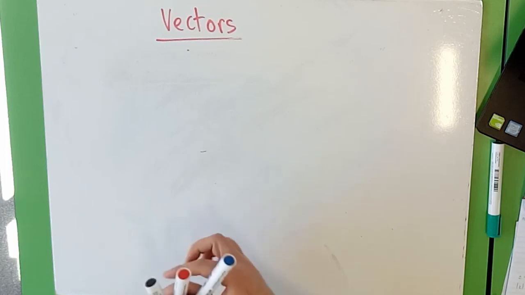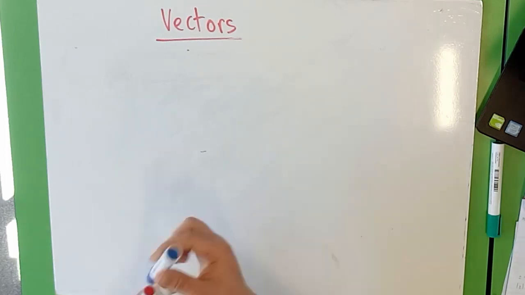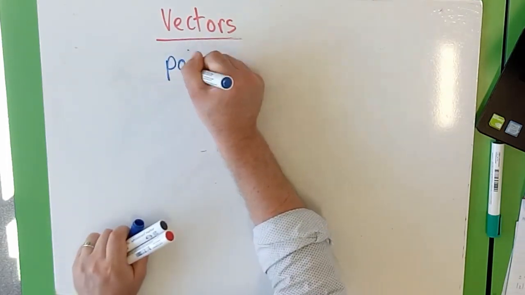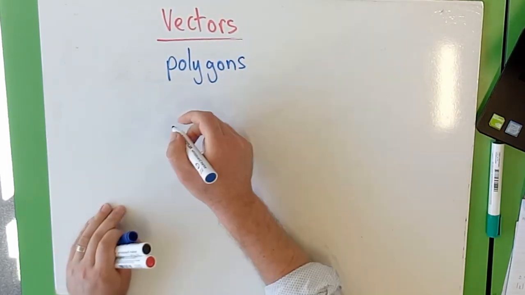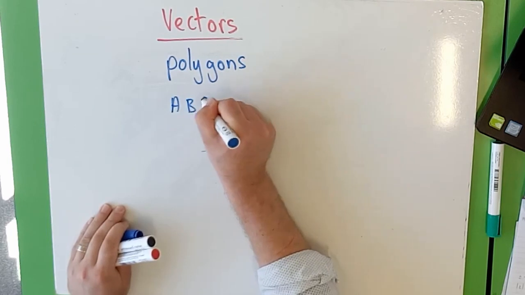I'll show you this. This is sort of the polygon notation. So you could have polygon ABC. ABC is a triangle.